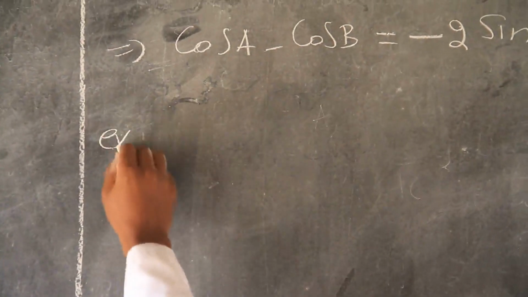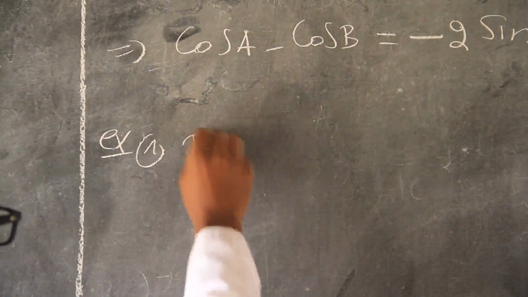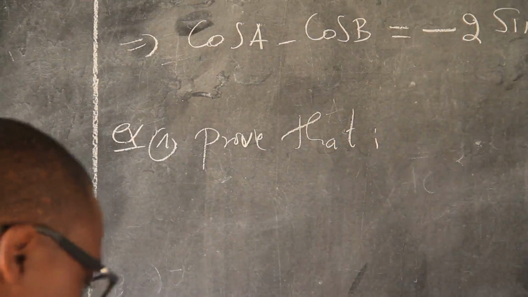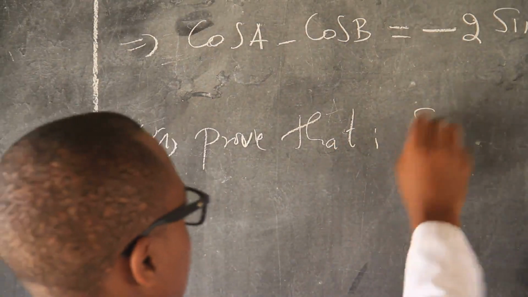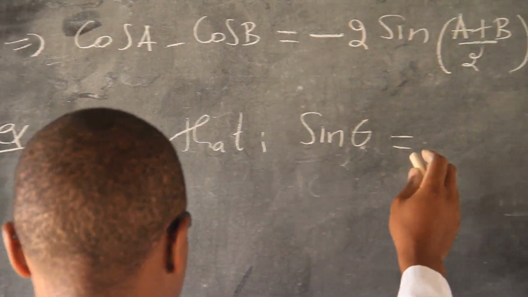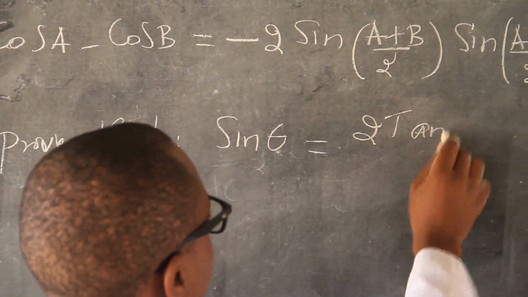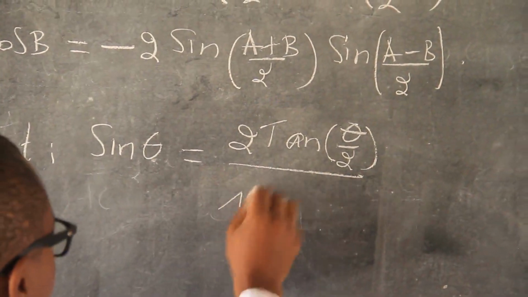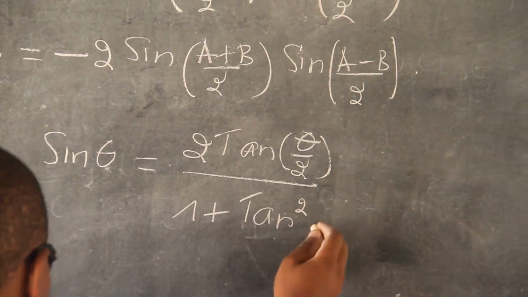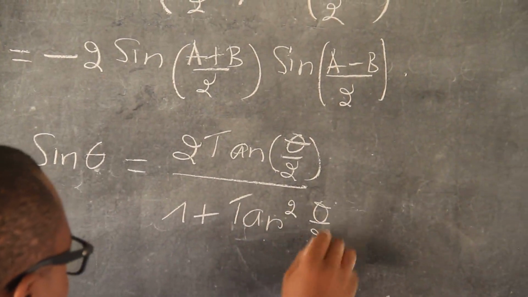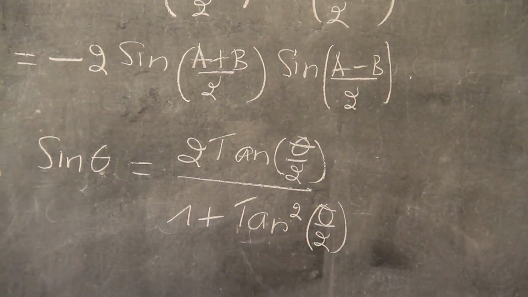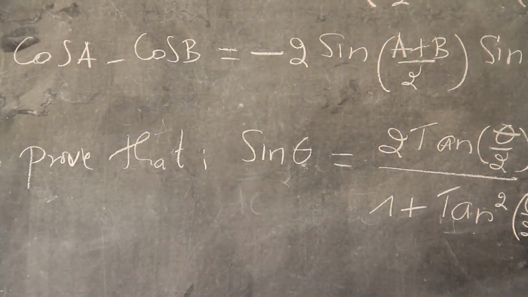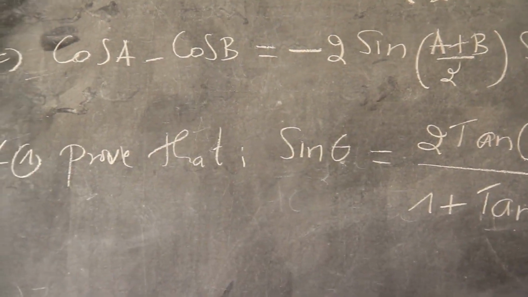So here I have an example. Prove that sine theta is 2 tan theta over 2 over 1 plus tan square theta over 2. Now, it seems that we pass on double angle formulas.